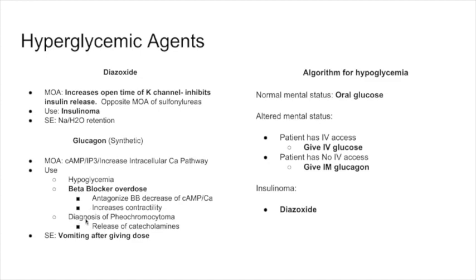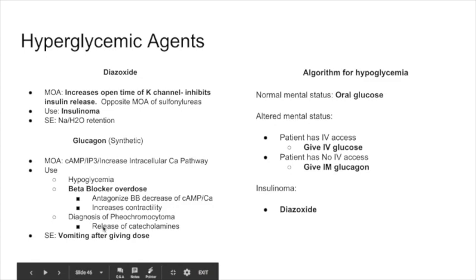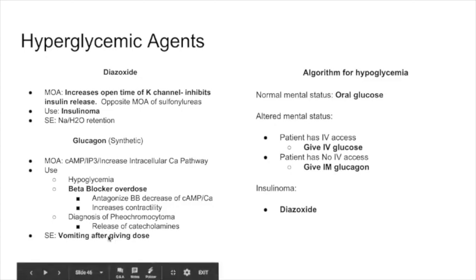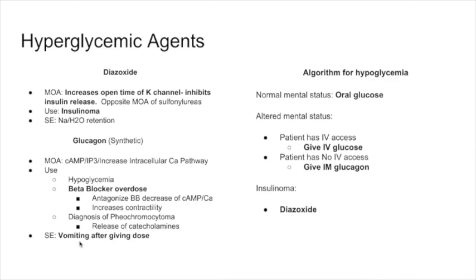The last thing that glucagon is used for is that it confirms the diagnosis of pheochromocytoma because it causes release of catecholamines from the adrenal medulla. Side effects of glucagon is you can get vomiting after giving the dose. So that's as far as hyperglycemic agents, agents that cause hyperglycemia.